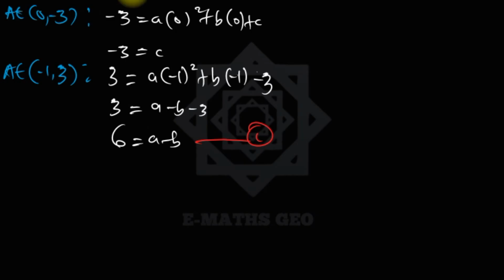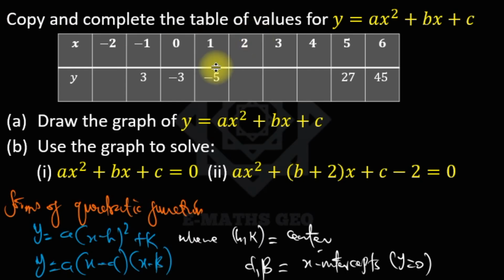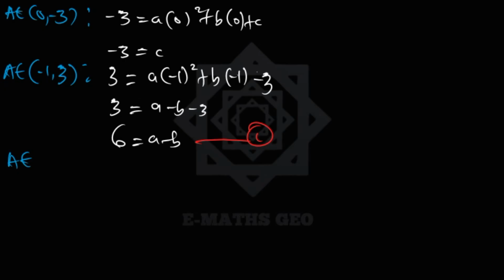The other point is x equals 1, y equals minus 5. So y is minus 5 and x is 1. We will still replace c with minus 3.